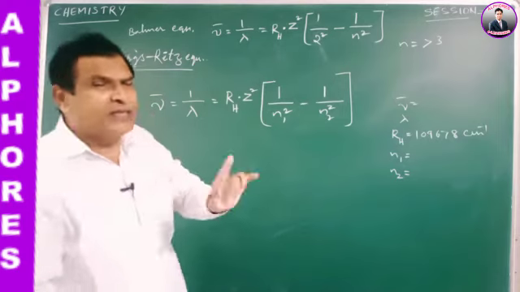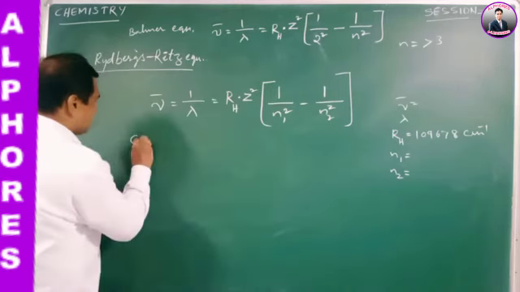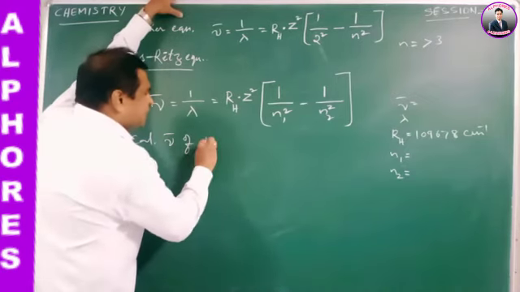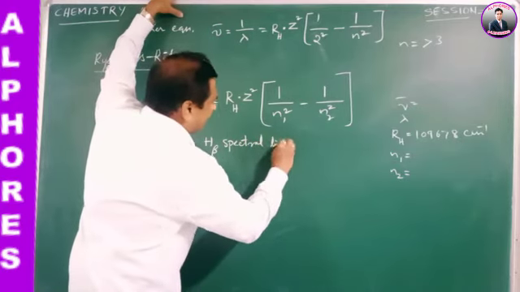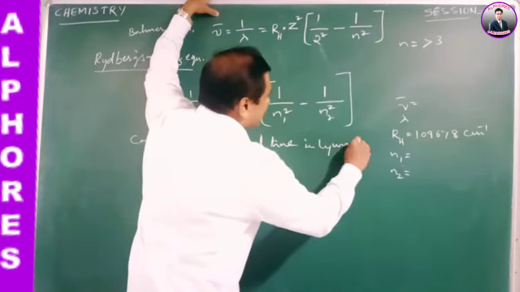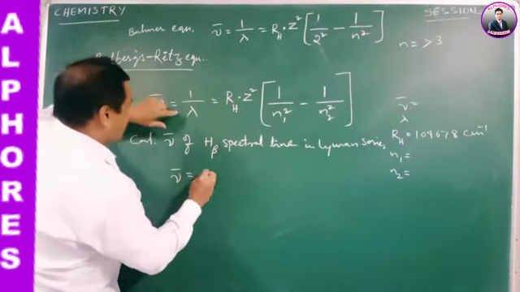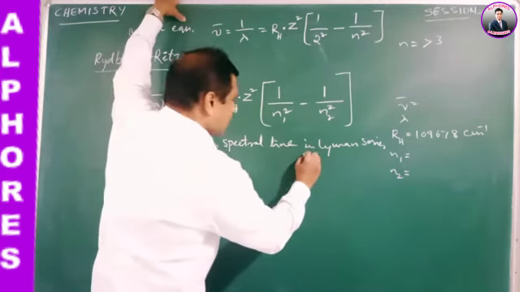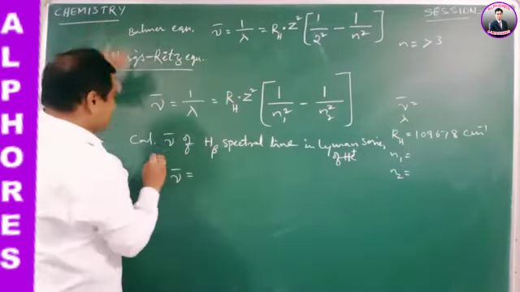I will give only one example, try to remember it. Calculate the wave number of the H beta spectral line in the Lyman series of helium plus ion.